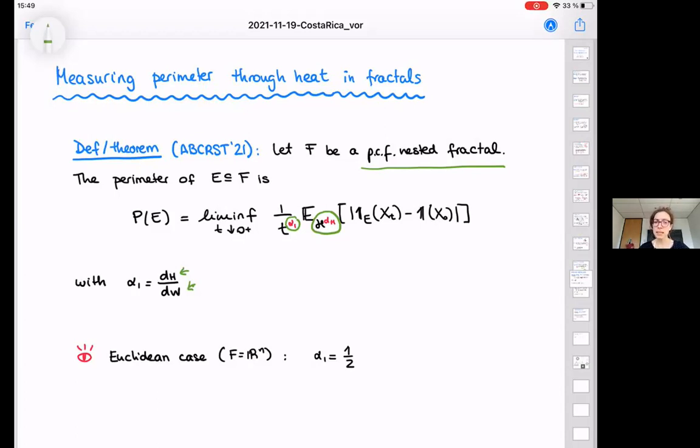And the nice thing is that with this construction, if we look at the Euclidean case, everything works out nicely, and we have that this exponent really is 1/2. So 1/2 corresponds to the square root.